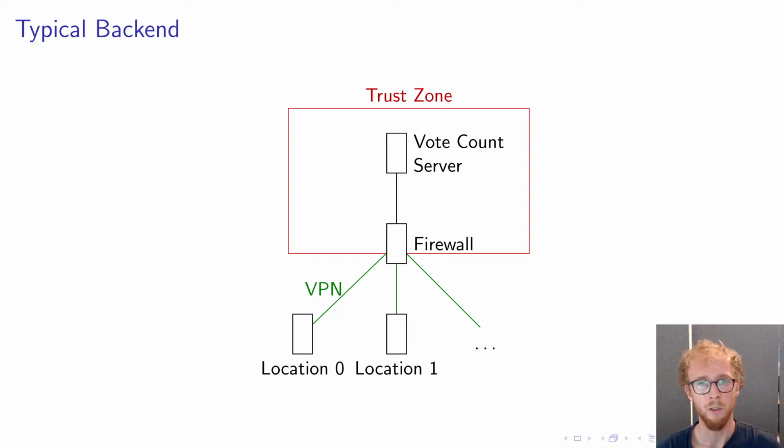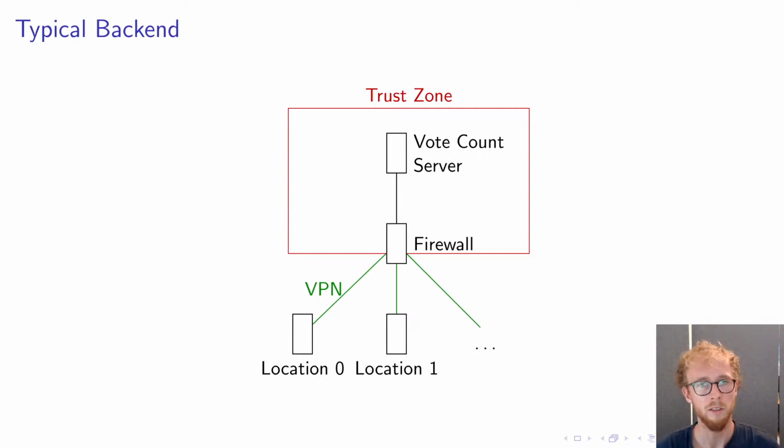We have the firewall that protects basically the trust zone. Anything that happens within the trust zone is expected to be trusted. So there is nothing really happening within that. Once you're in there, you're in. So the single source of security here is our firewall.